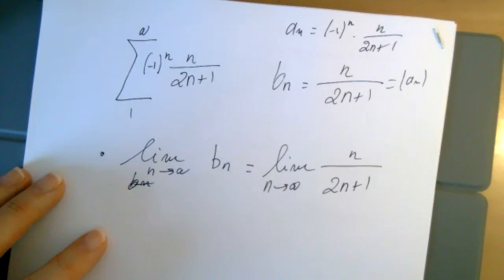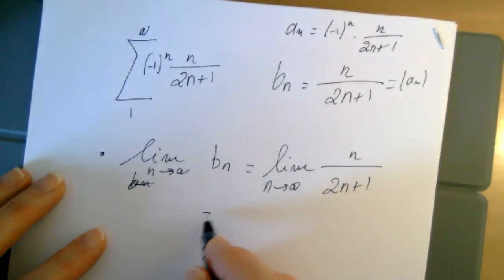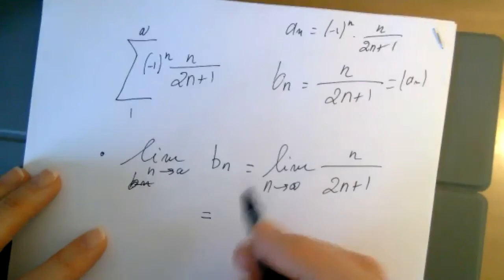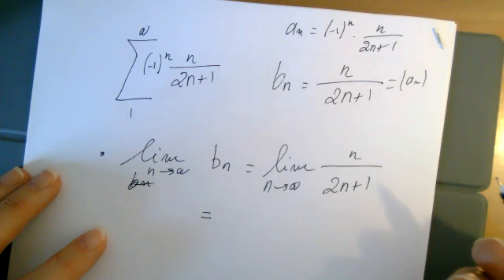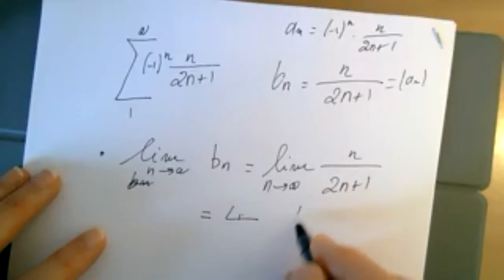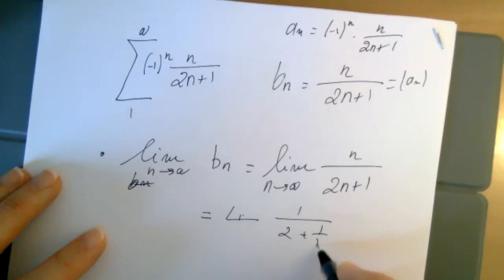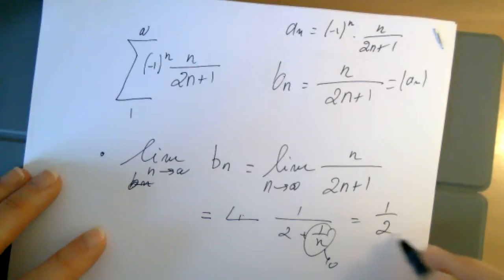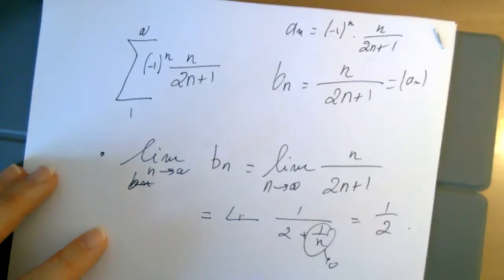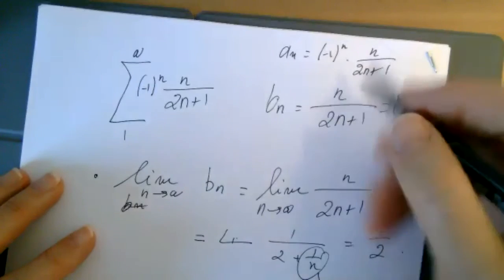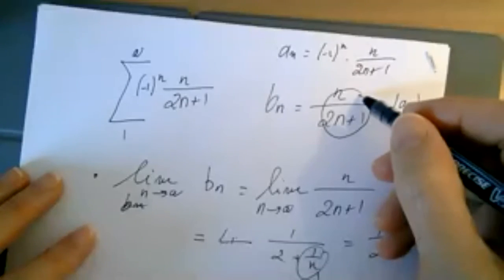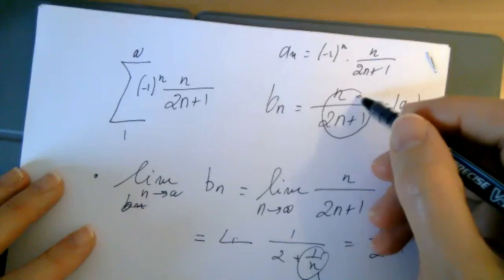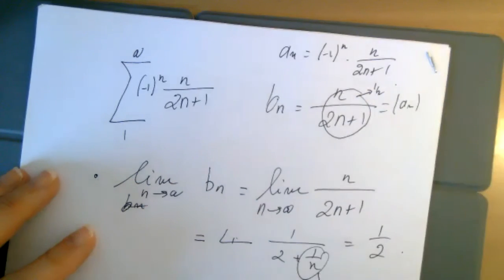What's the limit of that? You can divide by n, so it gives 1 over 2 plus 1 over n. As n goes to infinity, the 1 over n goes to 0, so this goes to 1/2. So the bn are not becoming small; they are becoming close to 1/2.